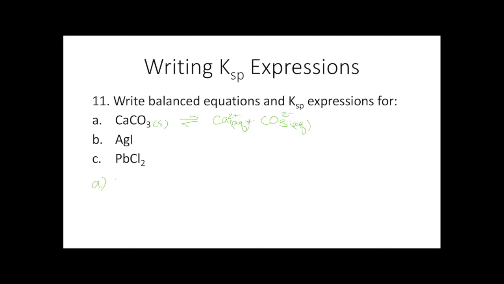That's my balanced equation. So for A, my Ksp, it's just a K. There's no denominator because calcium carbonate is a solid. Silver iodide, that's a solid. That breaks up into silver plus 1, aqueous, plus iodine minus 1, aqueous.